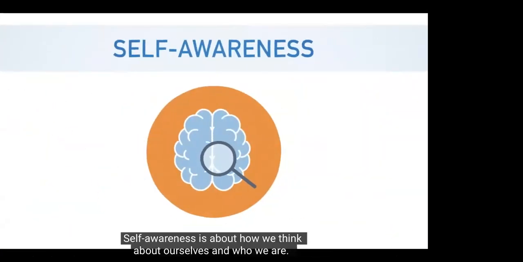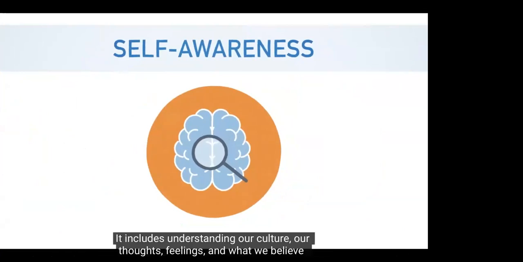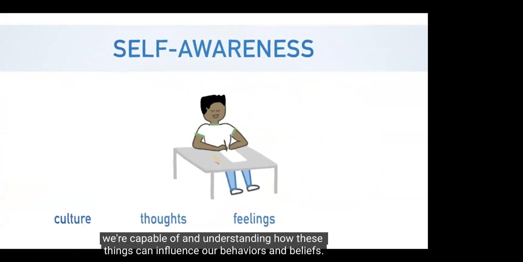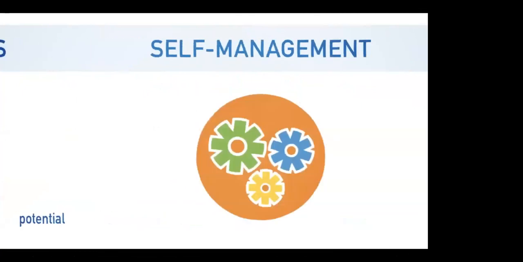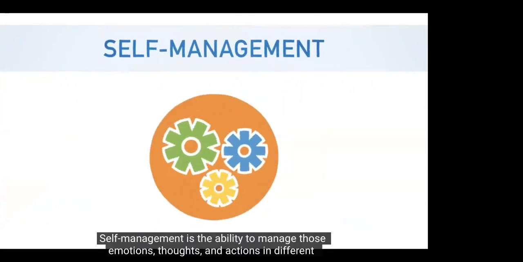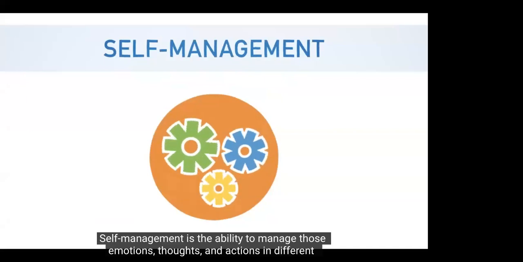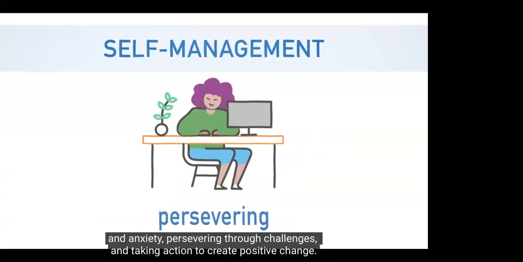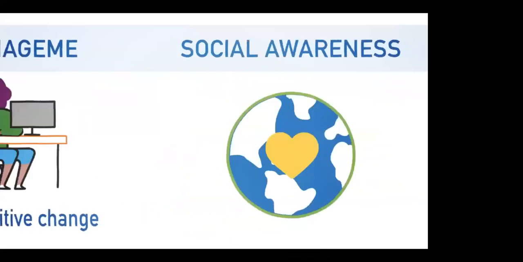Self-awareness is about how we think about ourselves and who we are. It includes understanding our culture, our thoughts, feelings, and what we believe we're capable of, and understanding how these things can influence our behaviors and beliefs. Self-management is the ability to manage those emotions, thoughts, and actions in different situations so that we can achieve individual and collective goals. This includes coping with stress and anxiety, persevering through challenges, and taking action to create positive change.